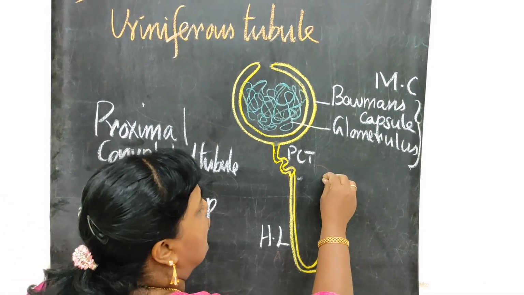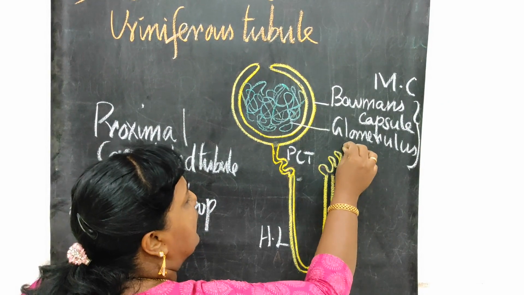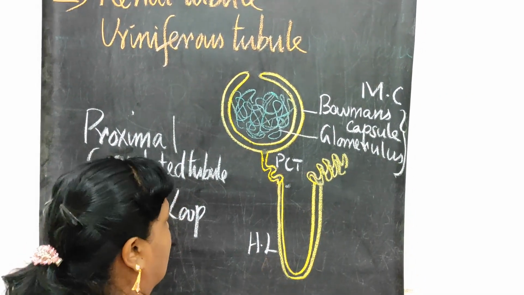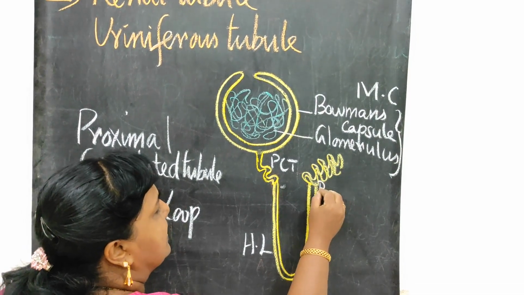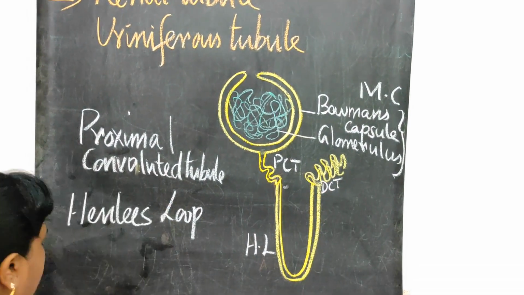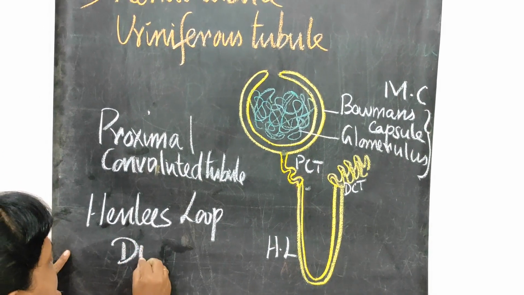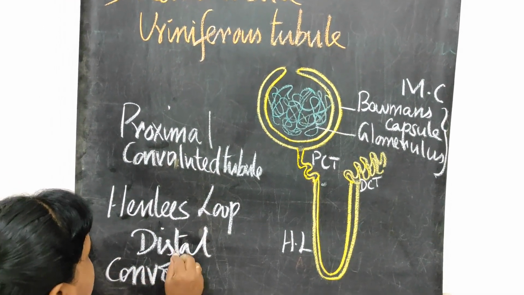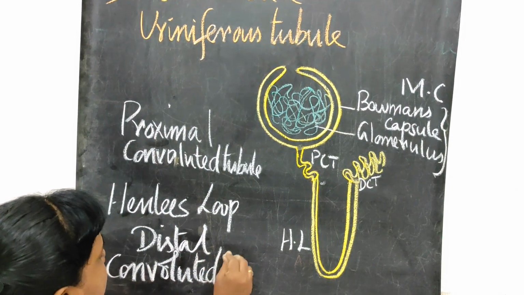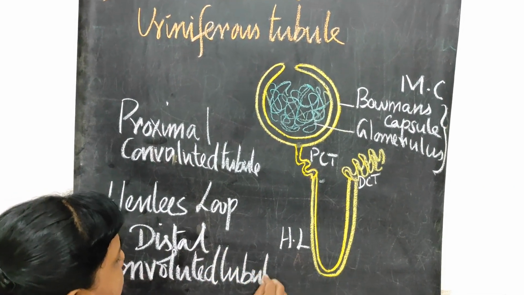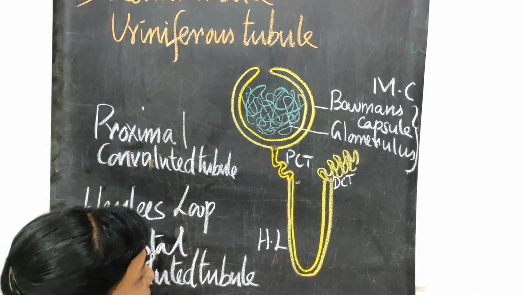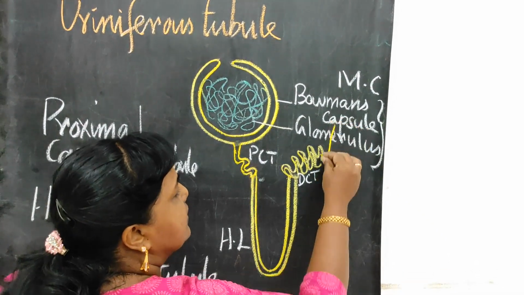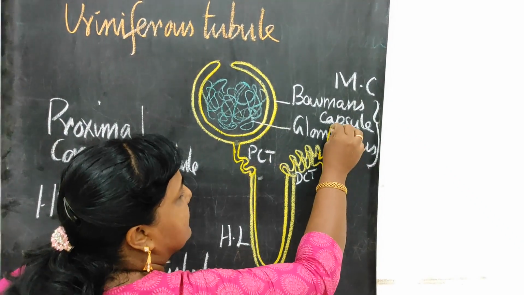And this Henle's loop leads into a highly coiled structure called the distal convoluted tubule. So this is the distal convoluted tubule. And this distal convoluted tubule leads into the collecting duct.